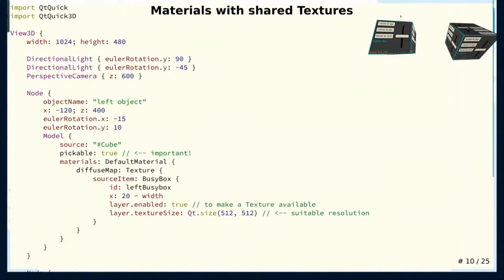Another way to use it is to have textures mapped onto 3D objects. So in this case, I've got a node which actually wasn't really necessary. I could have just had my model directly in the View 3D. You know, there's built-in types like cube, sphere, cylinder, and rectangle. I have a model which is a cube, and a default material, the diffuse map, meaning the diffuse color, is a texture, and inside there I declare this BusyBox.